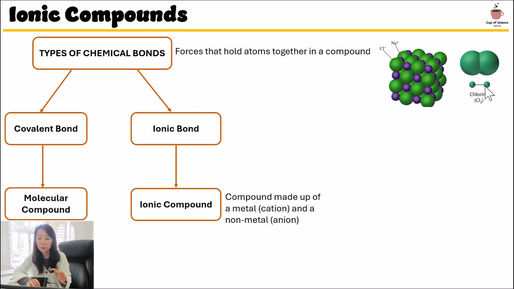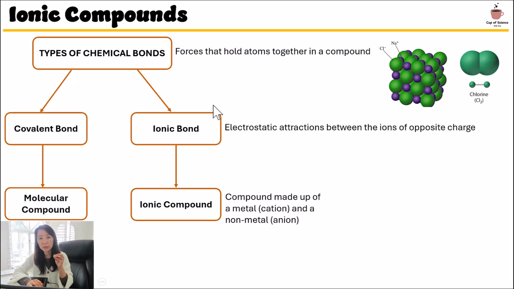But what I really want you to know is about the ionic bond, which is the electrostatic interaction of the negative and positive ions coming together, and that attraction creates what is called the ionic compound. Let me show you in a different image. Here is a neutral charge. This is a neutral metal and a neutral non-metal atom.